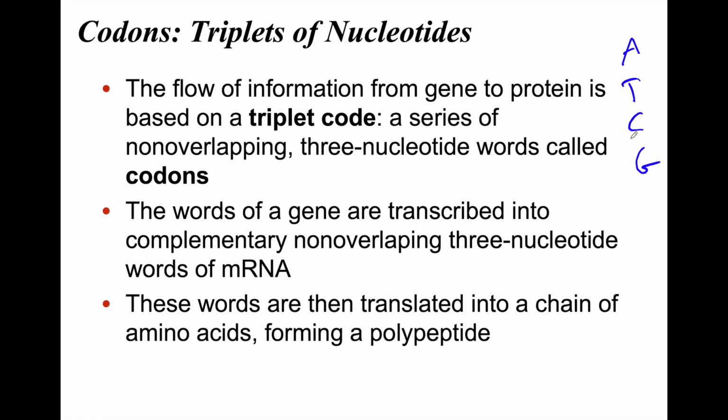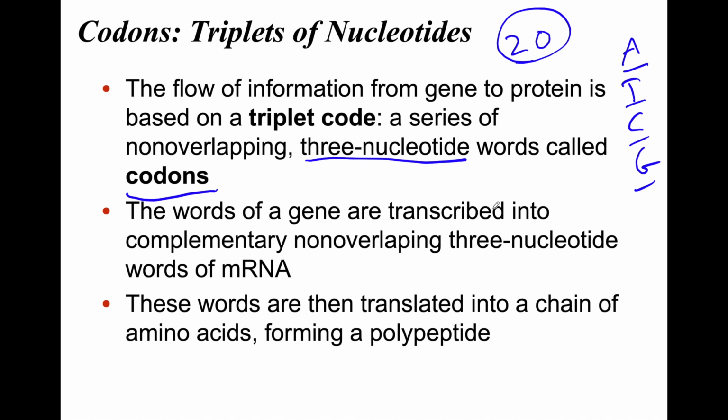Recall from the macromolecules chapter that there are 20 different amino acids. These letters of your genetic code are going to be used to form words, and the words tell you which amino acid to use to build the protein you're trying to build. The words that tell you which of the 20 amino acids to use are all 3-letter long words, and those 3-letter long words are called codons.